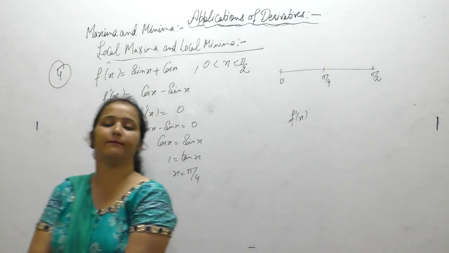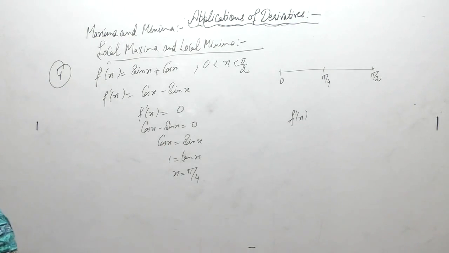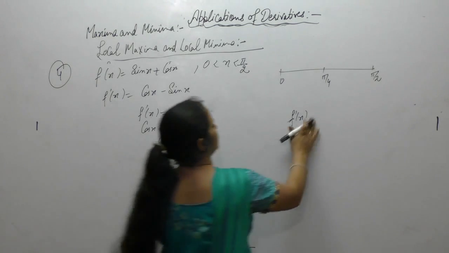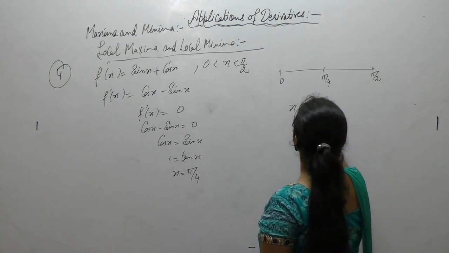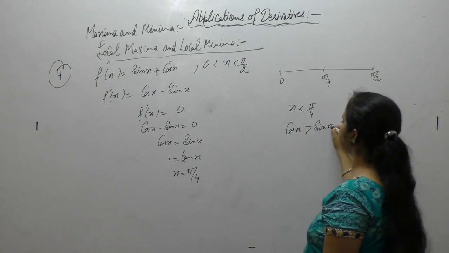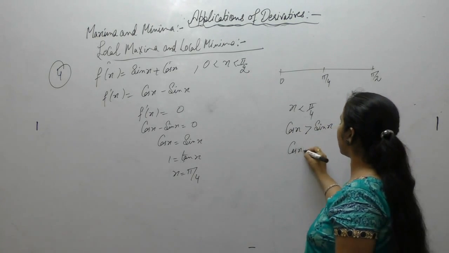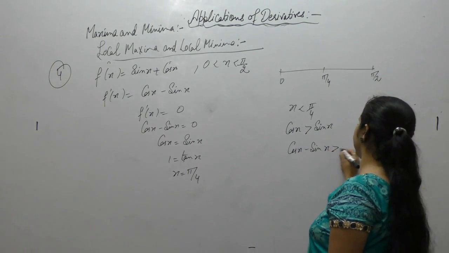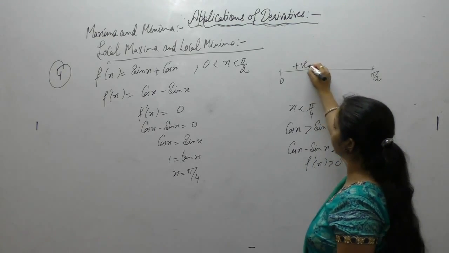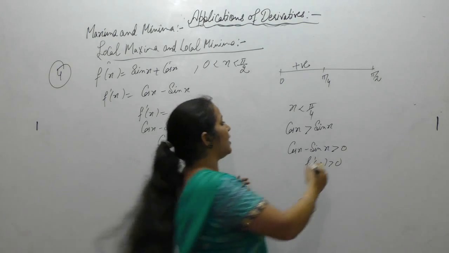Cos 30 minus sin 30. Sin 30 is 1 by 2 and cos 30 is root 3 by 2. Write down. When x is less than pi by 4, cos x is greater than sin x. It means cos x minus sin x is greater than 0. f dash x is greater than 0, positive. Clear?